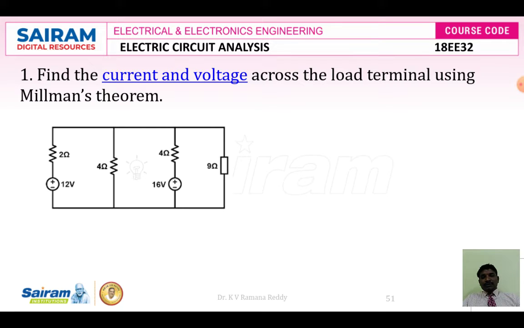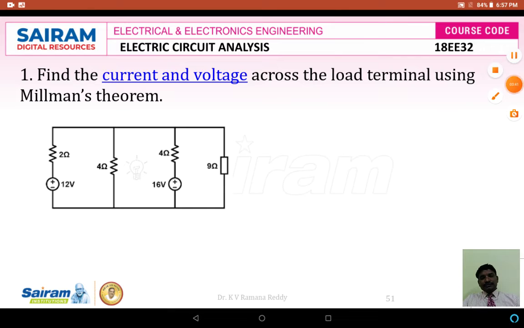So the problem is to find the current and voltage across the load terminals using Millman's theorem. Here the load terminal they have given is a 9 ohm resistor.